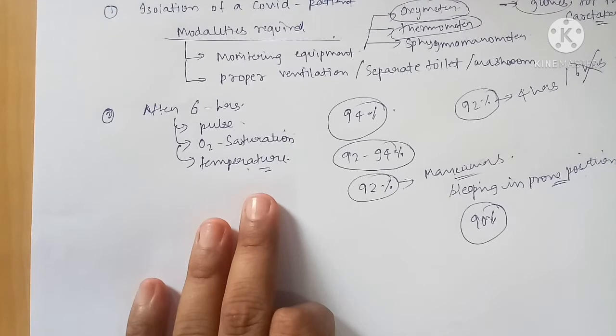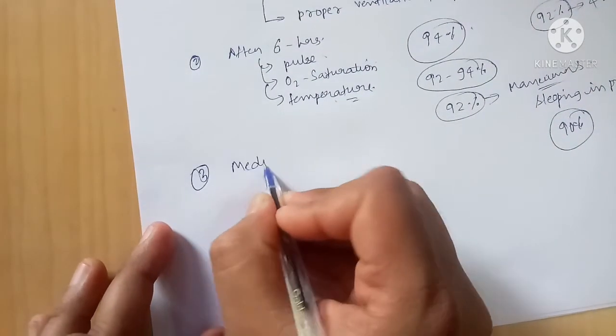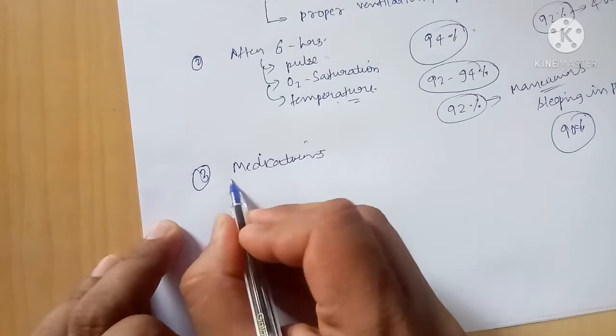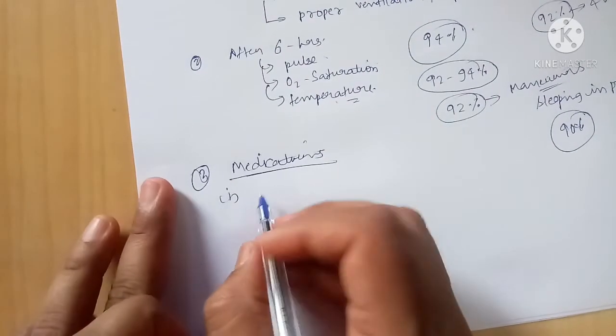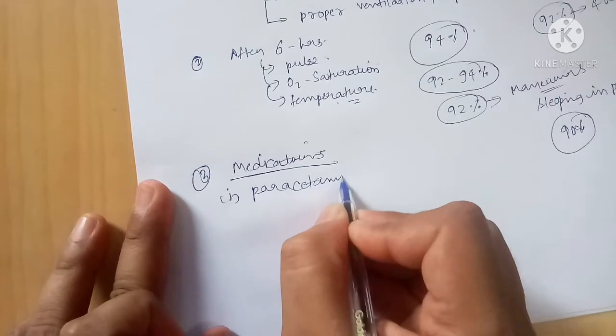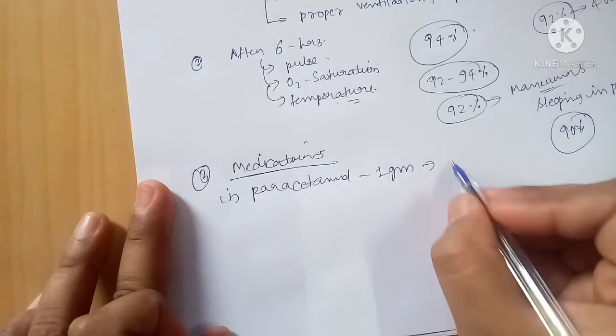Now, what medications are required at home? The third point is medications. The first medicine we require is paracetamol of 1 gram twice a day.